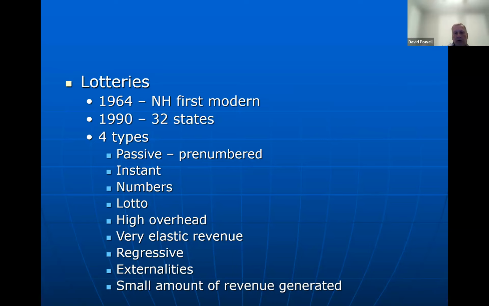Some state-run lottery systems are very overhead intensive, and they actually generate less revenue than they cost in terms of administrative costs. Here in California, our state-run lottery system tends to be one of the more efficient lottery systems across the country in that we tend to keep administrative costs low and we tend to generate a whole lot of revenue.